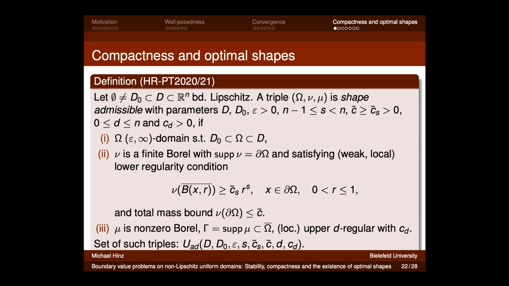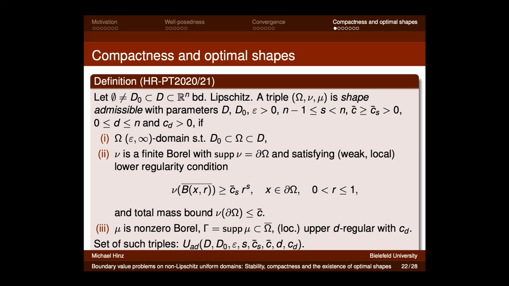But we introduce also another measure, nu. Sorry, mu does not necessarily have to be on the boundary. This could typically be part of the boundary or the entire boundary, but it could also just be another set which is in the closure of omega. Then there's another measure which is just a tool for us, just a topological tool. This is now a measure on the boundary with support the boundary, and it satisfies a lower regularity condition, but it's somehow a weaker regularity condition in the sense that we look at closed balls.